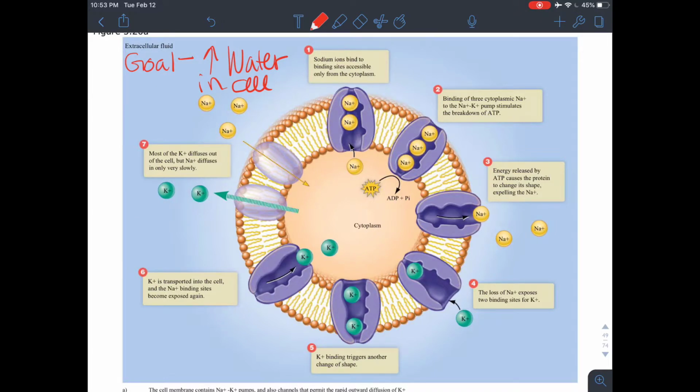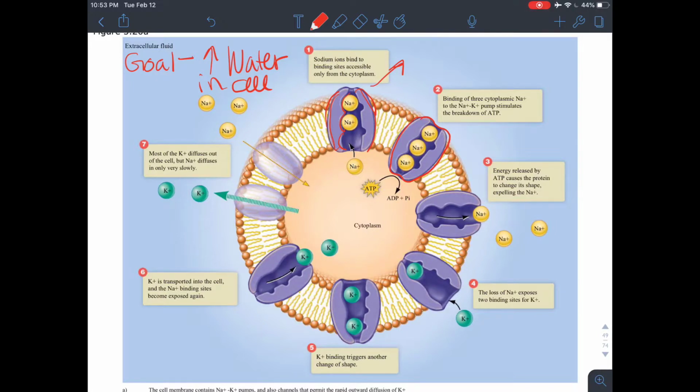In this case, the cell is readily open to the extracellular environment at the start. And it's got a designated configuration for 3 sodiums to load up in here. So it sits here pretty much ready all the time, loaded with 3 sodium.